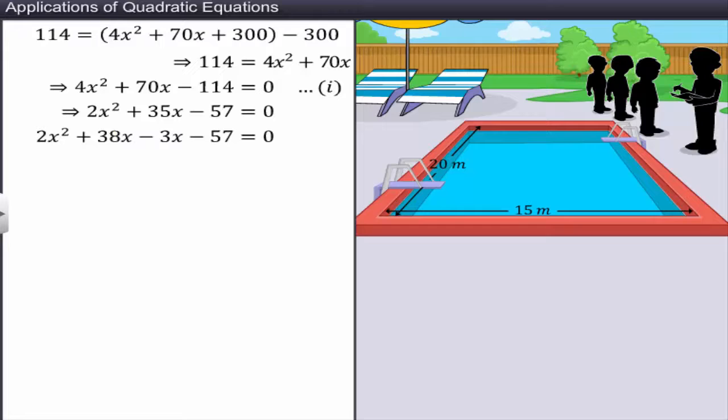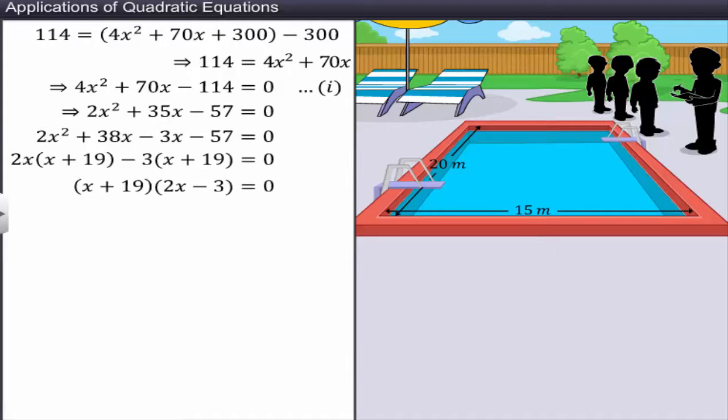Then taking 2x common from the first two terms and minus 3 common from the last two terms, we get the expression as shown. Next, taking x plus 19 common, we get x plus 19 into 2x minus 3 equal to 0.